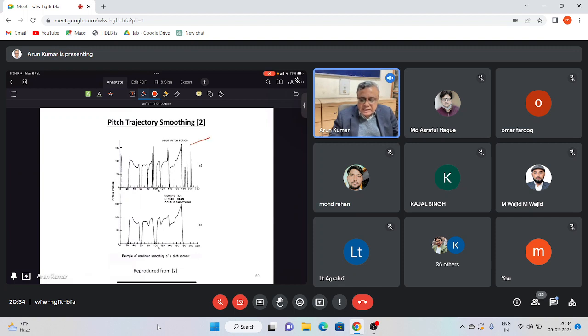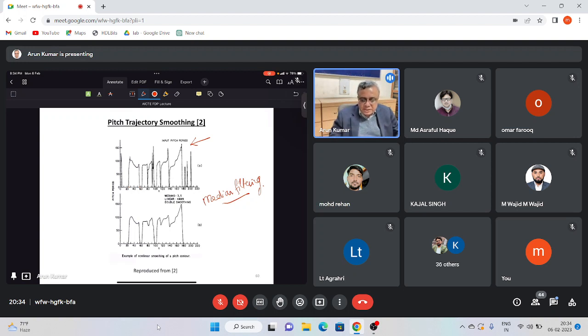So this is what we see in the top plot over here as a function of the window number or the frame number. So one has to apply what is called pitch period or pitch trajectory smoothing, which can use things like median filtering, etc., to find out the true pitch period and remove these errors that we see in the top plot.